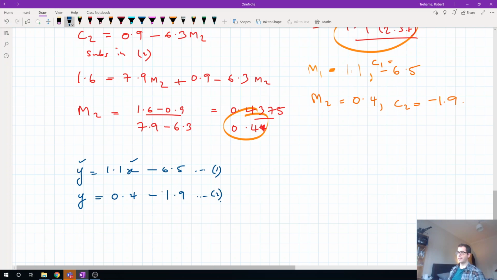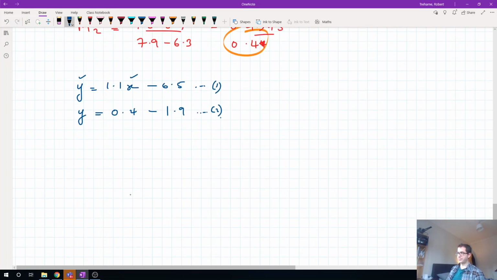So I'm just going to say from 1, let's have a look at this. Well, I'm going to substitute that in. So y is equal to that, so I'm just going to substitute that straight in.